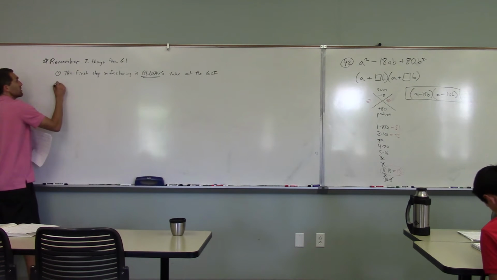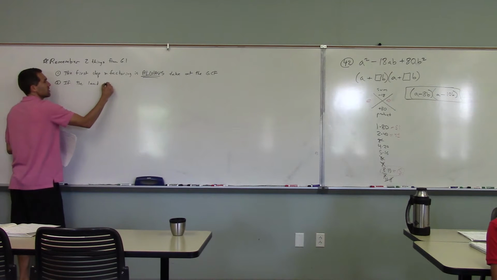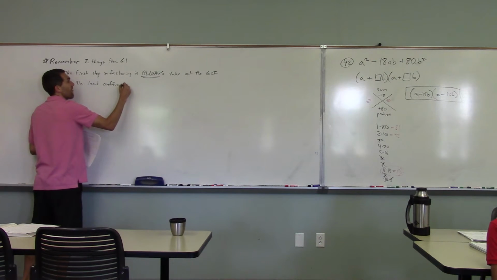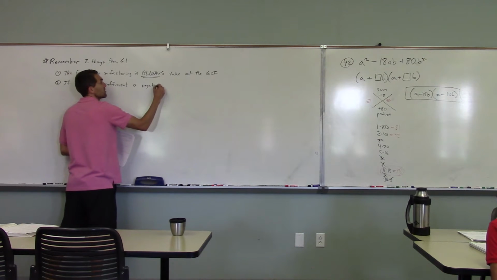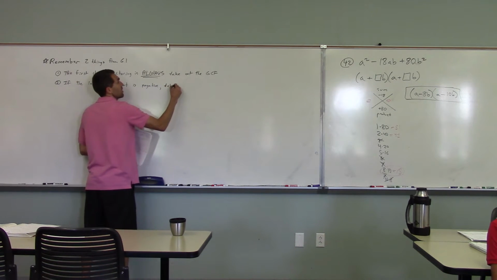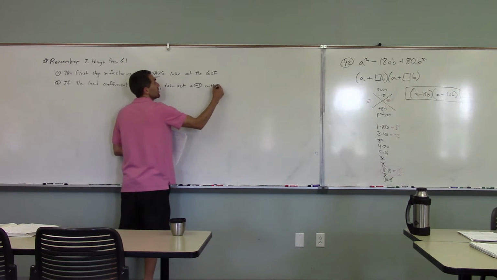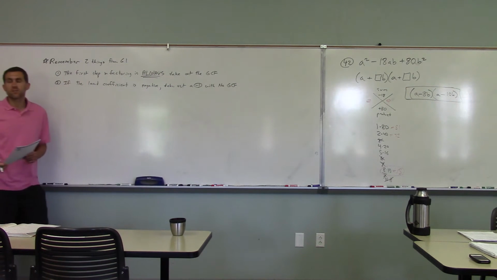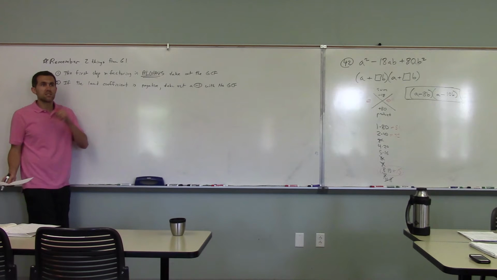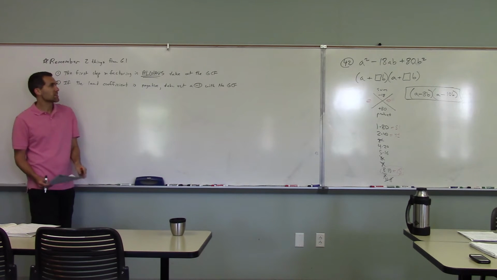And two is, if the lead coefficient is negative, take out a -1 with the GCF. Okay, so just remember those two things. That's always going to be your first step in every factoring problem in chapter 6, chapter 7, chapter 8. I don't remember what chapter 9 is, but I think it's involving factoring too.